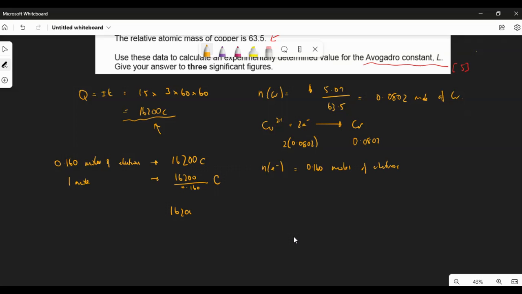Now, let me rewrite this. And therefore, for 1 mole of electrons, the number of electrons, this is coulombs, don't forget, we divide by the charge on 1 electron, which is 1.6 times 10 to the minus 19, and the coulombs up here will cancel with the coulombs down here, and we'll get Avogadro's number.